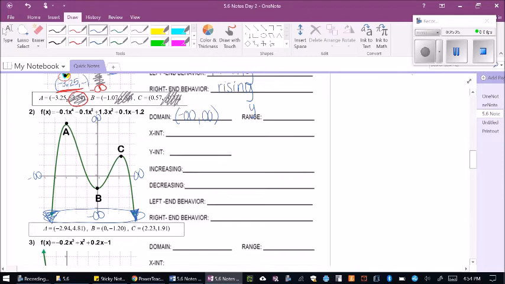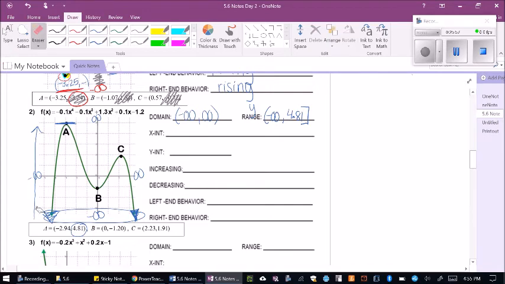So that would be negative infinity. Then I'm going to scan up to see where the highest point is. It's not going to be C, it's actually going to be A. So A is really the highest point, and I'm going to write this with the y value of A, 4.81. So comma 4.81. And I'm going to put a bracket there.